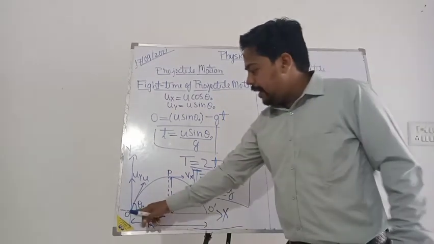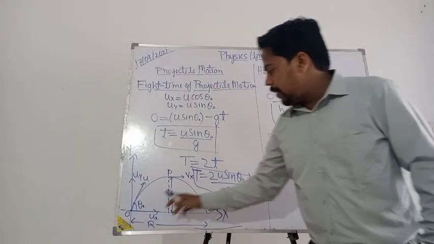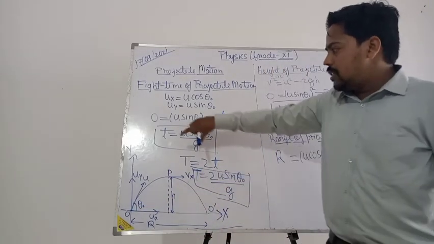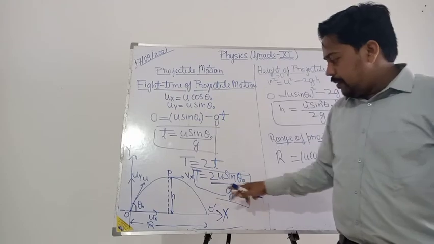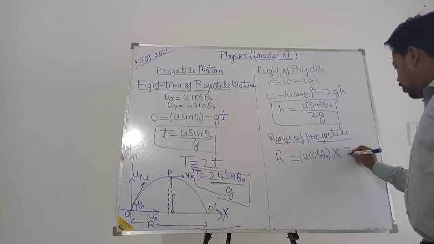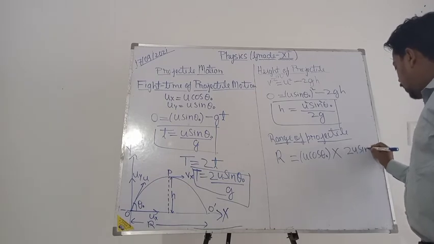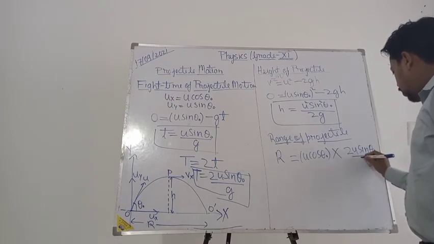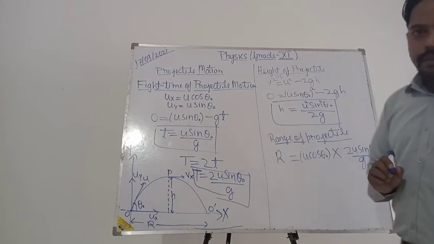Here we have to take the entire flight time, capital T, not the half time, that is 2u sin theta naught upon g.